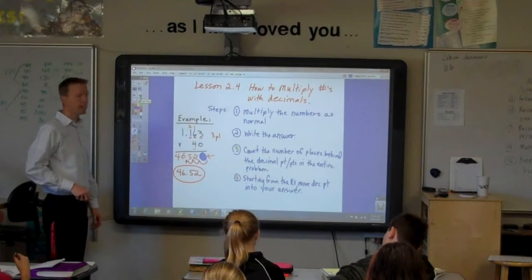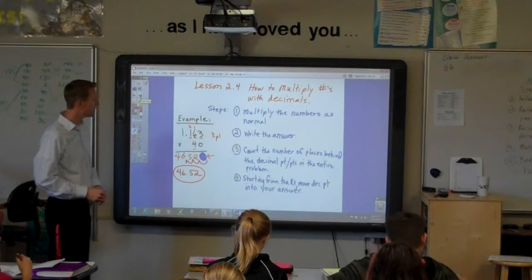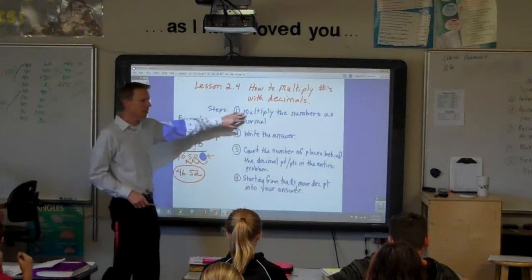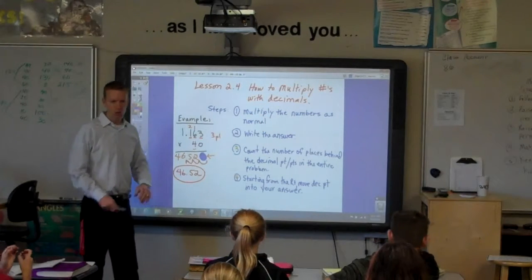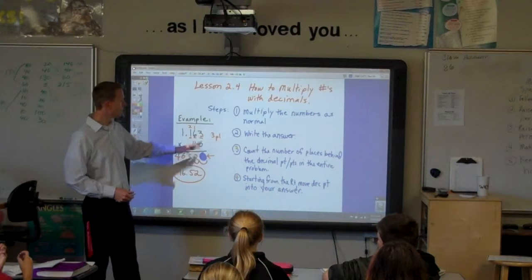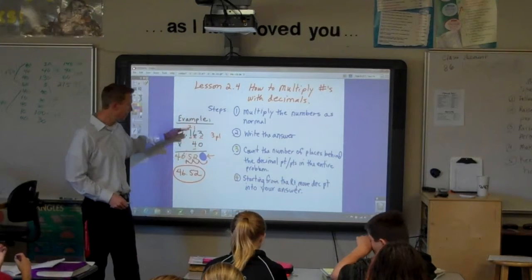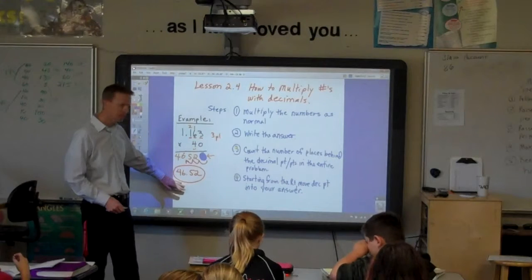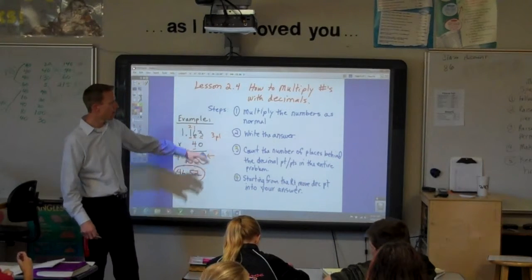Then we went on to multiplication, and multiplying numbers with decimals. And we said, you multiply the numbers just like you learned how to do that before. 2 or 3 digits. Multiply each digit separately. Add the numbers together. Make sure you line up those numbers so you add carefully.